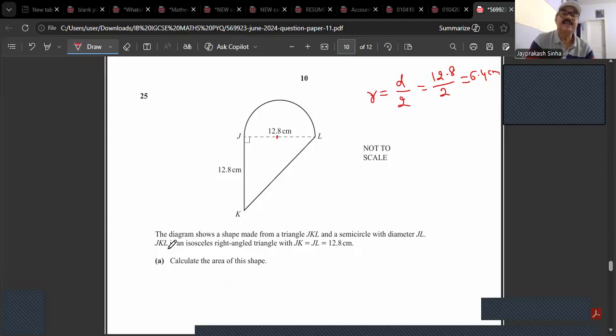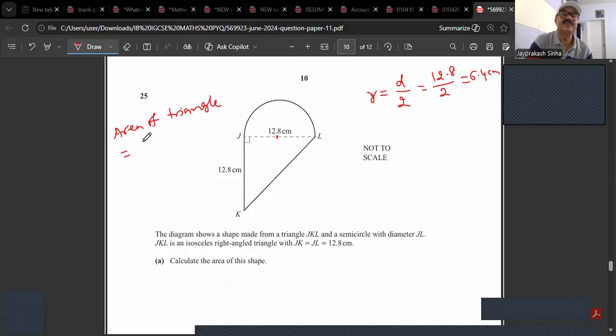Okay. Now JKL is an isosceles right angle triangle with JK equal to 12.8 and the other side 12.8. We have to find the area. First of all, we can find the area of this portion, the area of triangle KJL.